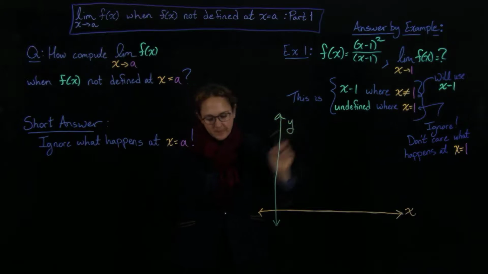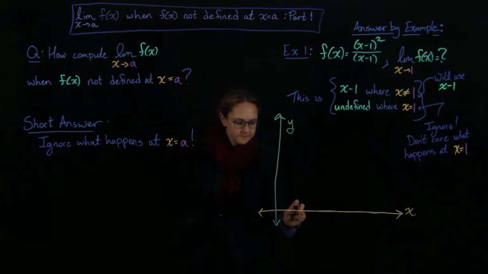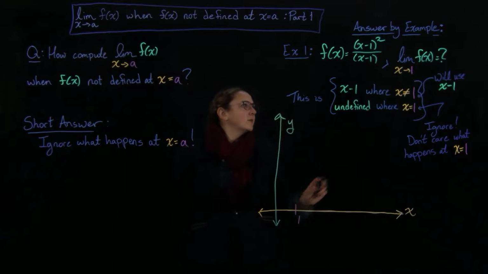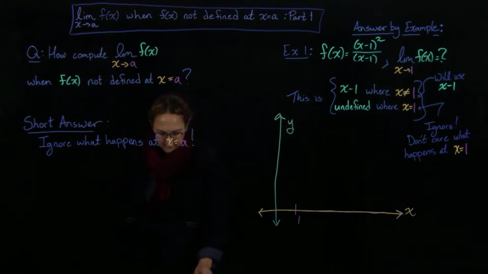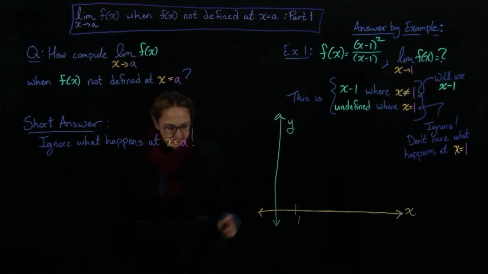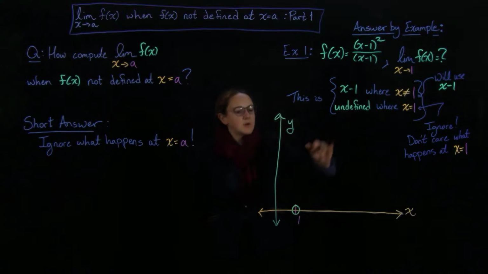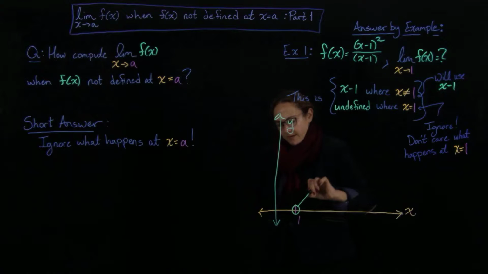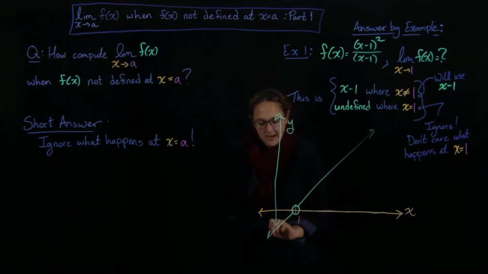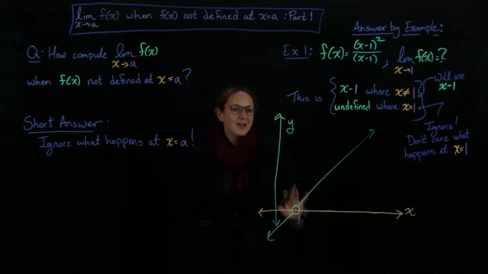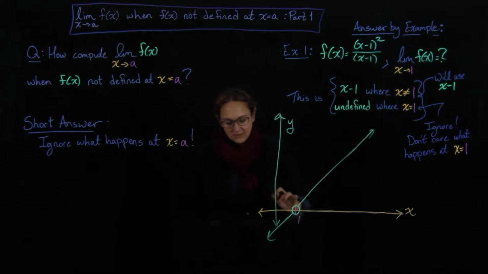At this value 1, if I stuck 1 into x minus 1, I would get 0, which is the function we're using, and this is how it passes through here. But we're going to put an open circle there because we don't know what happens with the function there. It looks exactly like x minus 1 everywhere else. No matter how close I get, as long as I don't actually hit x equals 1, I'm still going to look like the function x minus 1.